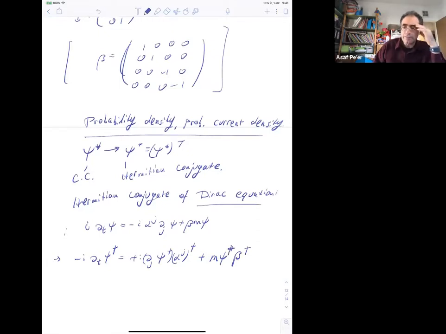These are matrices, right? ψ now has 4 components. So when I take the Hermitian conjugate, I must switch the order. You're all familiar with that from linear algebra.